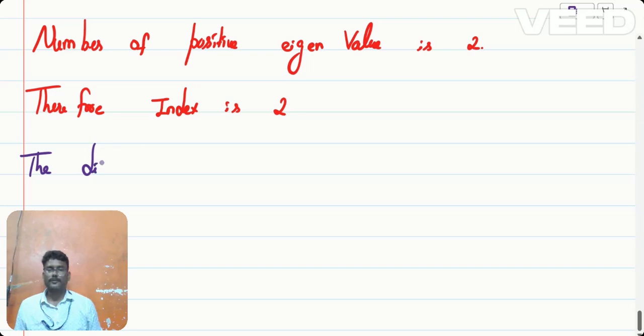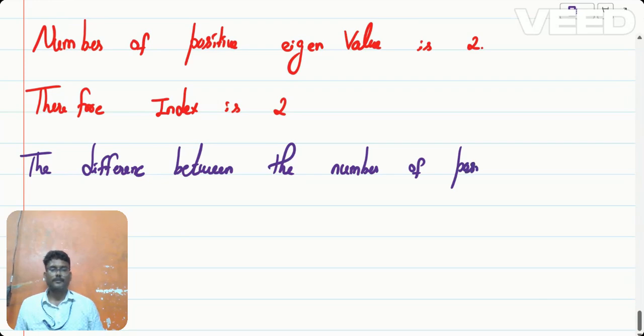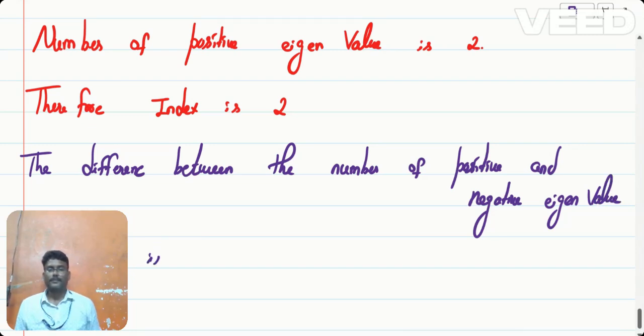The difference between the number of positive and negative eigenvalues is 2 minus 1, which is 1. Therefore, signature is 1.